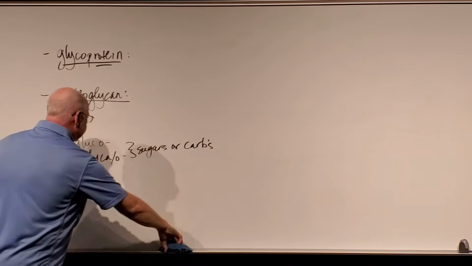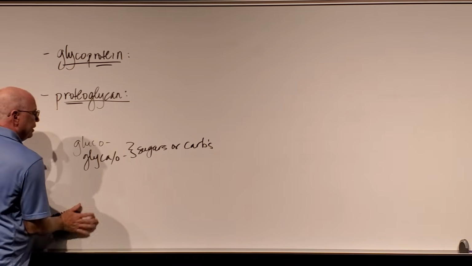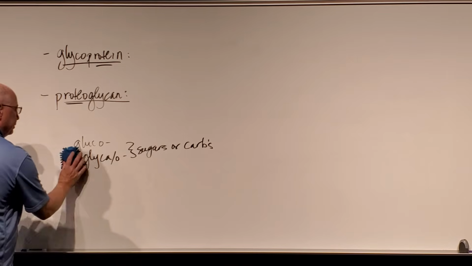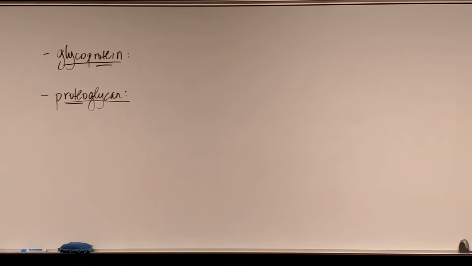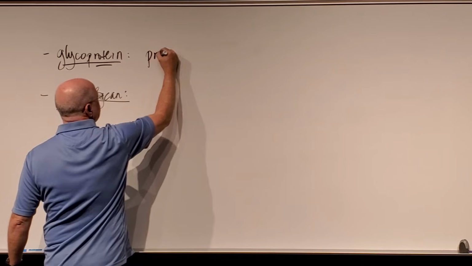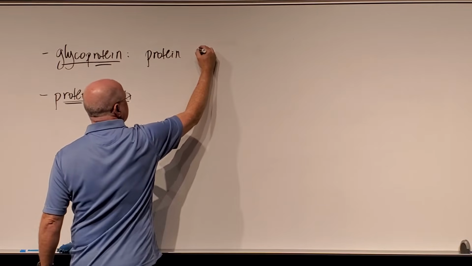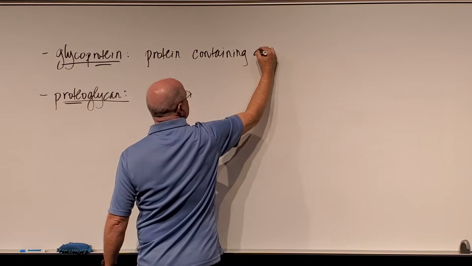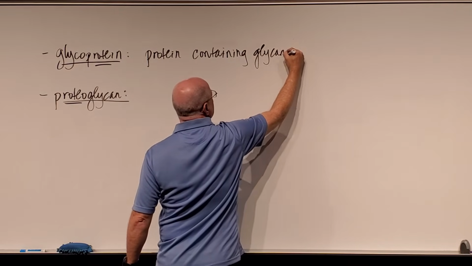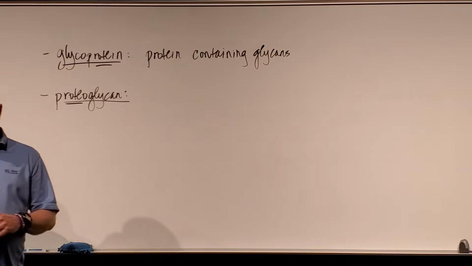Well, it turns out that there are some compounds that are made out of sugars and proteins, and they fall under two categories. So, a glycoprotein technically is defined as a protein containing glycans. Now that's kind of obvious.